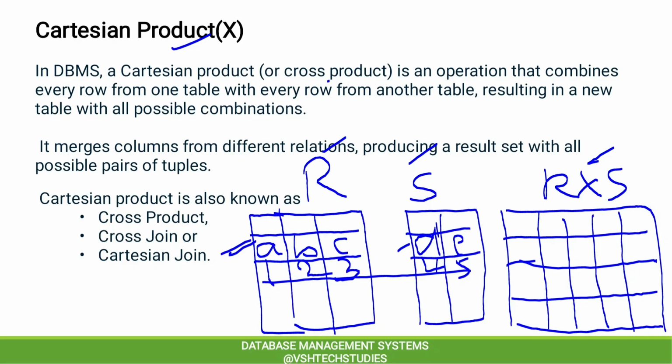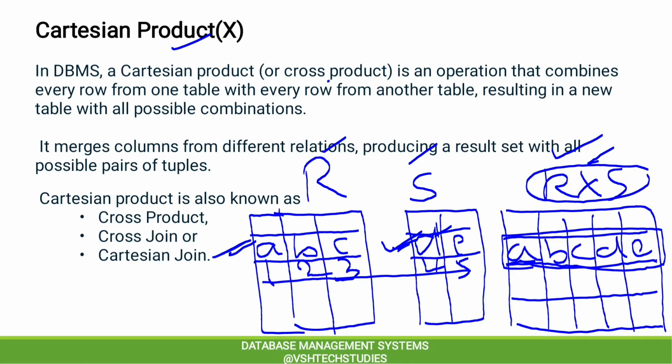The first row is combined with the first row of the second relation and put in the product relation, which means here A, B, C from the first row of the first table, and D, E, the row elements from the second table. Both are combined and one row in the product relation is generated.